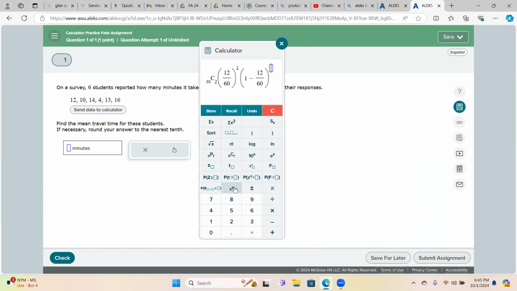You can even type in here 30 minus 2 if you want, so you don't even have to type 28. And then you're going to hit enter, and there is your answer, 0.0337.